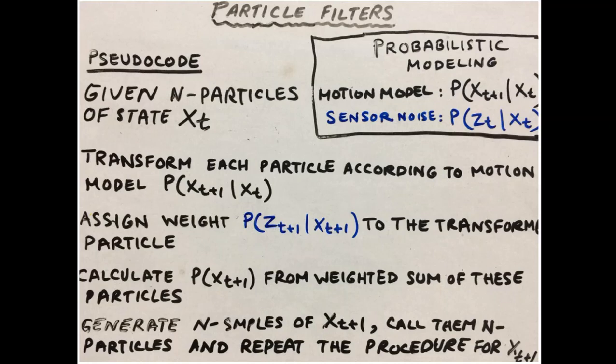But the last line gives you a clue, analogous to what we said in the first line: for the next iteration we are going to work with n particles of the state variable inferred at time t plus 1. So we sample n particles from the state variable x at time t plus 1, and continue to repeat this process until the time index of our interest.